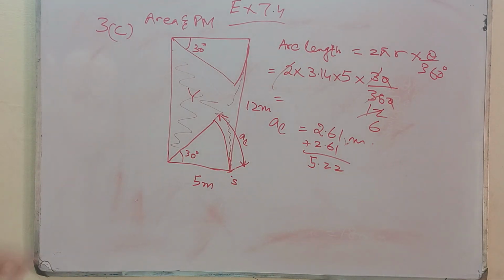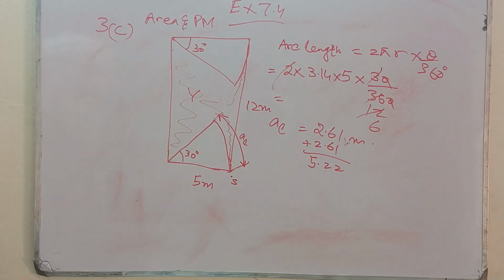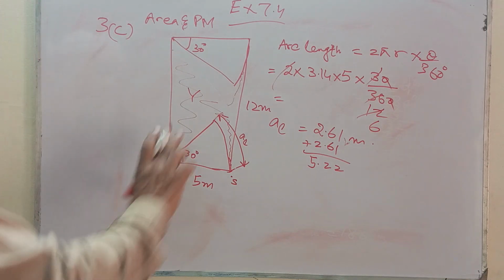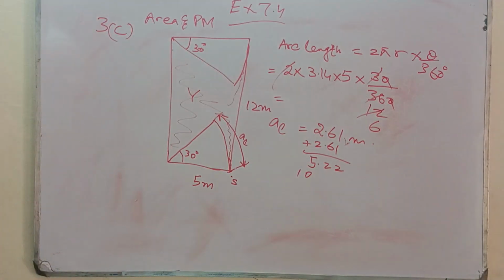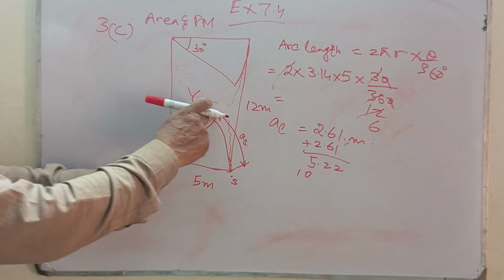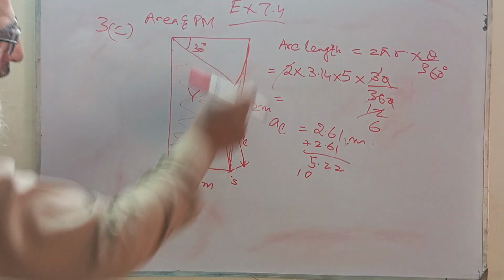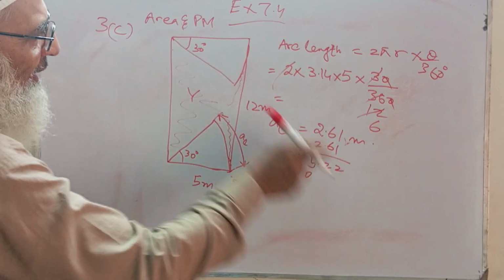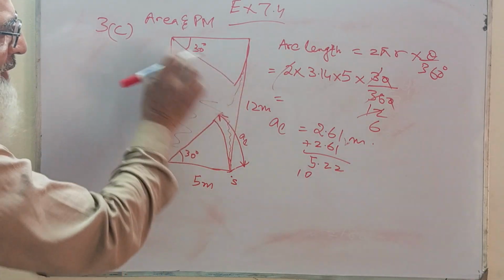Then the radii: the radius is 5, and there are two radii, so that is 10. You have to consider both radii. Both the arc lengths and both the radii have been added.